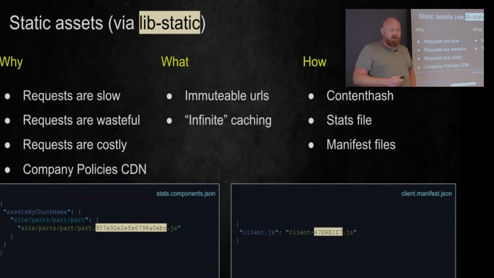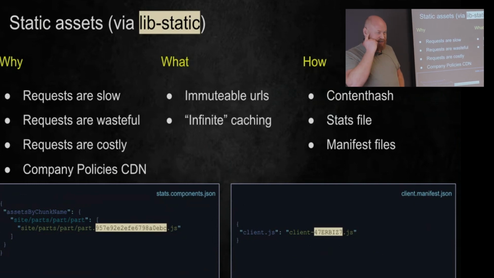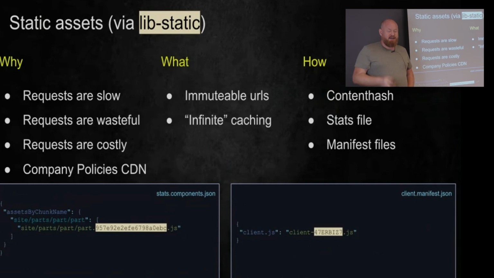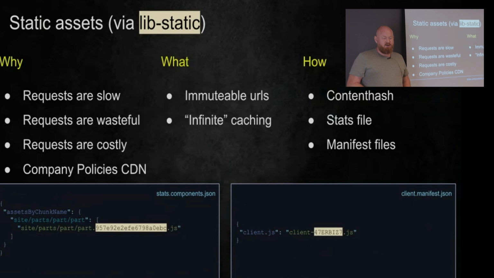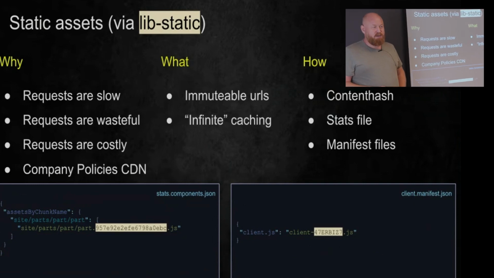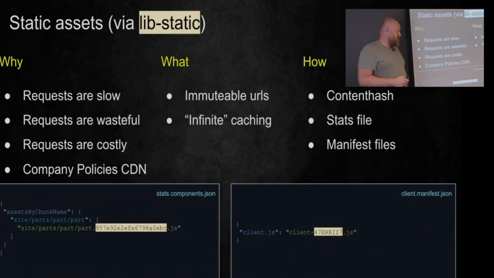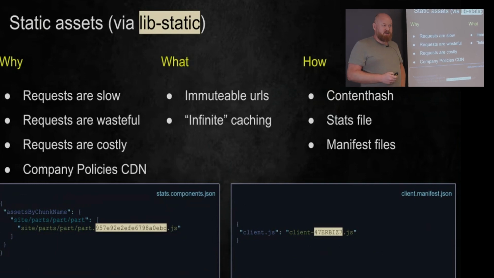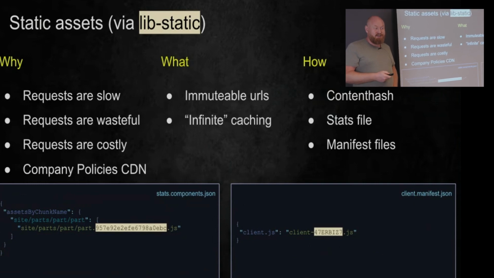And you maybe heard the famous quote from Einstein, doing the same thing multiple times and expecting different results is the definition of insanity. So they're also wasteful. If you already have the asset, why load it one more time? That's pointless. And it's costly. Maybe you have an expensive mobile arrangement, or you're on the boat to Denmark, or you're a cloud provider.